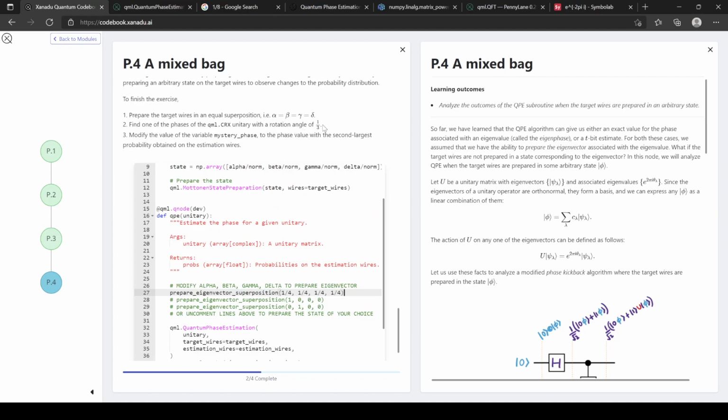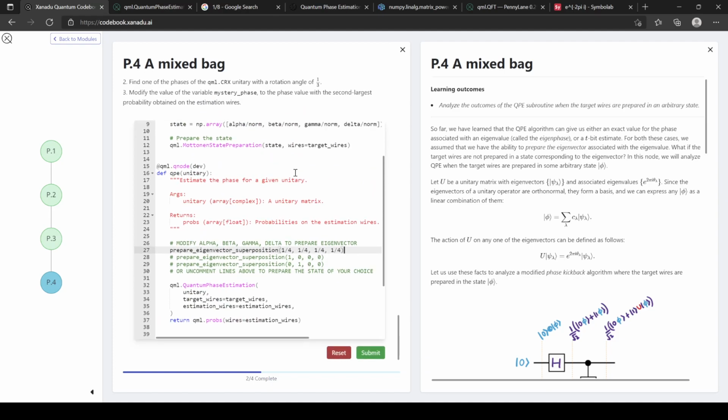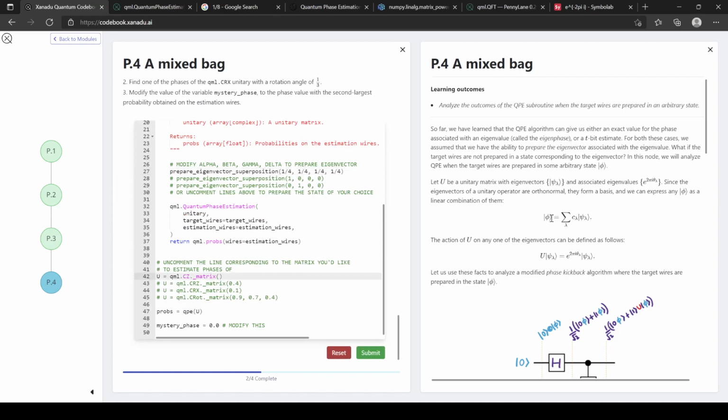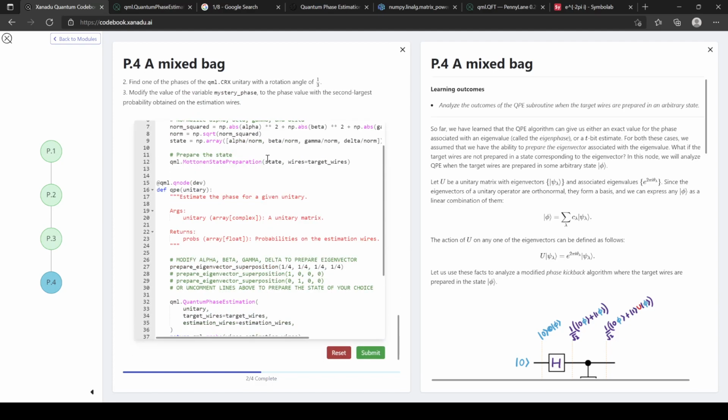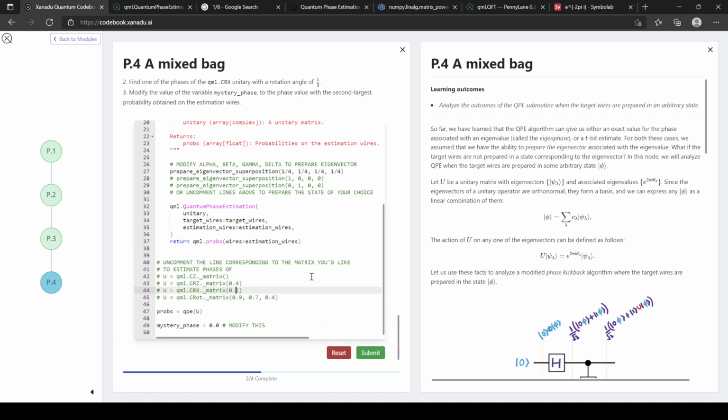Find one of the phases of the QML.CRX with rotation angle 1/3. 0, 1/3. Okay.